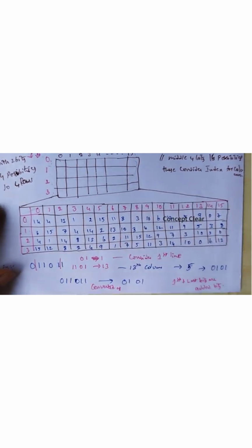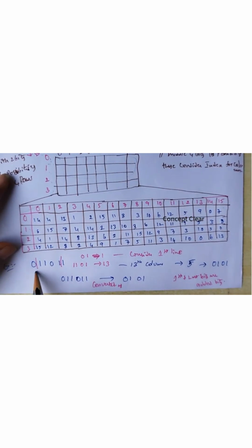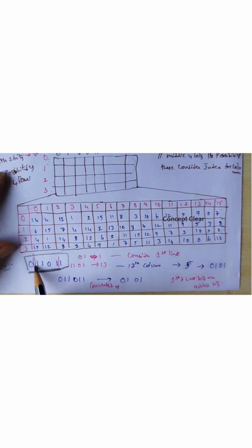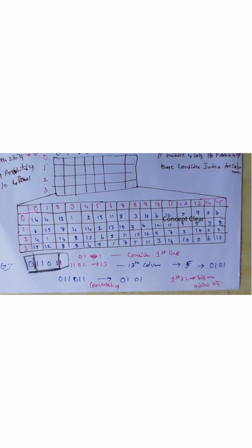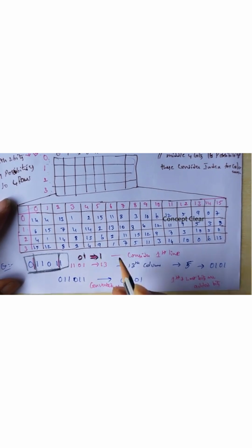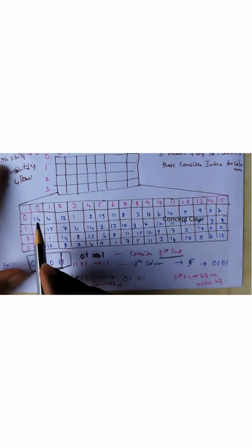And suppose after declaring all the 4 rows, if you take any 6 bits, how will it be converted to 4 bits? For example, I am taking here this 6-bit value: 0, 1, 1, 0, 1, 1. In that, the first bit and last bit are considered as 0, 1. That means the first line.